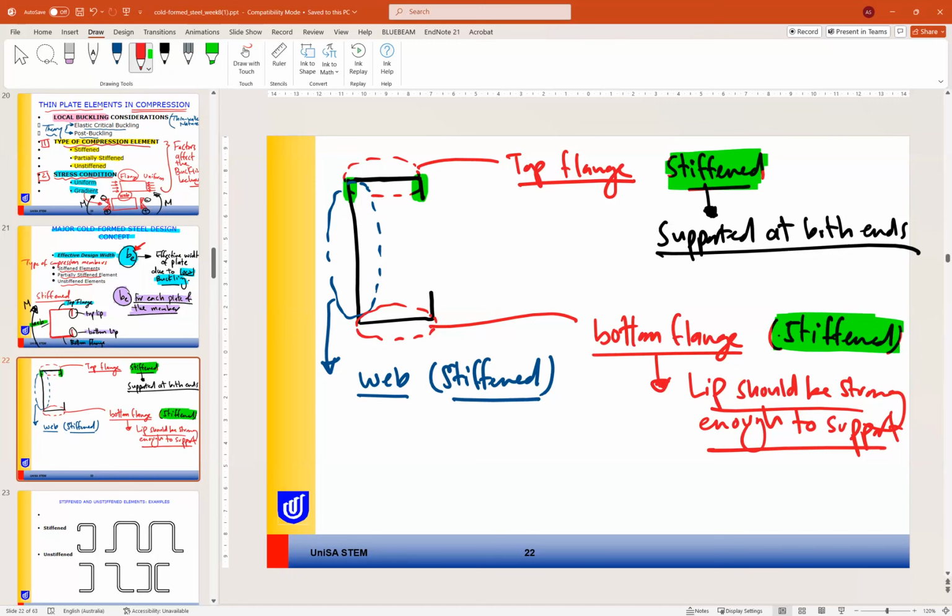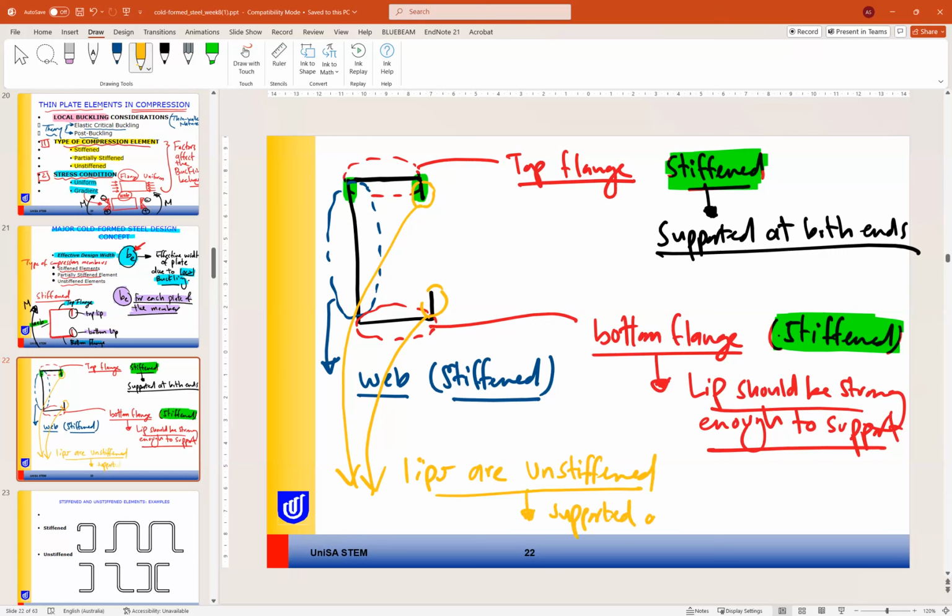The only unstiffened plate is what? The lip itself. So the two lips are unstiffened because they are supported at one end and free on the other end.